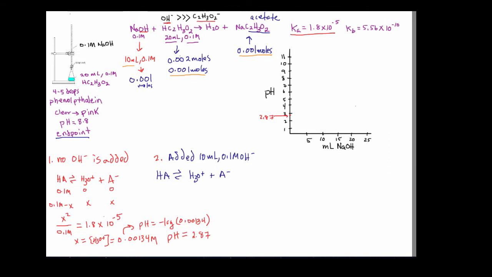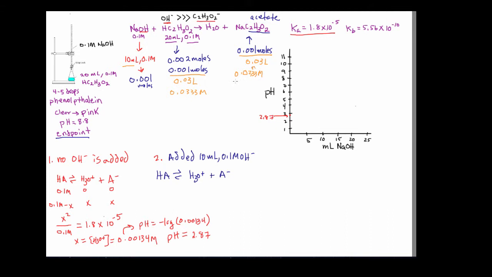So we're going to be dividing by 0.03 liters, or 30 mLs converted to liters. So our new concentration at this point is going to be 0.0333 molar of the acid and 0.0333 molar of the base.